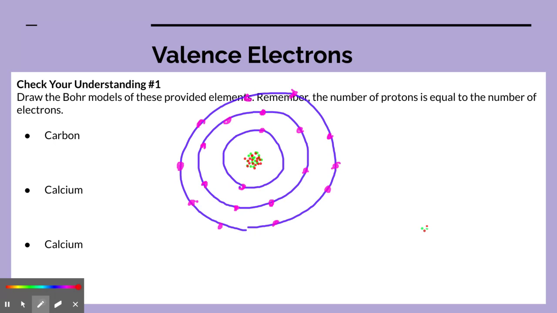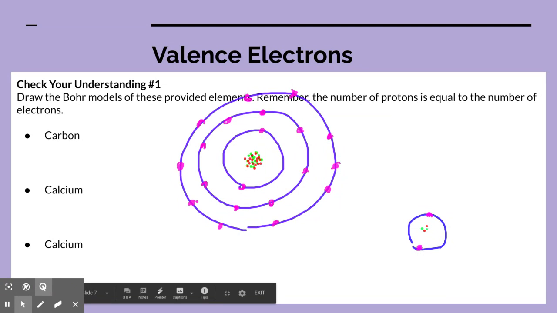And if there's 2 protons, that means that there's pretty much only 2 electrons. So it's got 1 energy level here, 1, 2. And those would be the Bohr models for each of these guys here. Something that we should be somewhat familiar with. So easy peasy. I've got to erase all this.